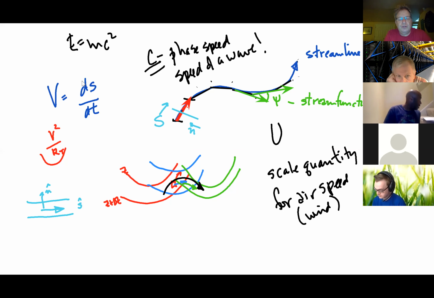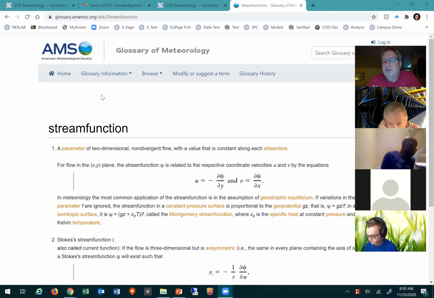Are you guys seeing this? A parameter of two-dimensional non-divergent flow with a value that is constant along each streamline. So the stream function psi is related to the respective coordinate velocities u and v by the equations. U is negative the change in psi with respect to y.